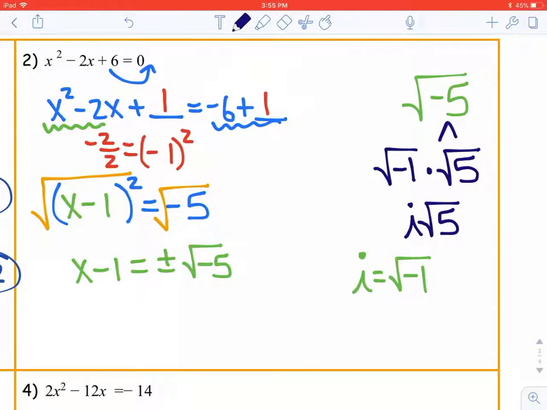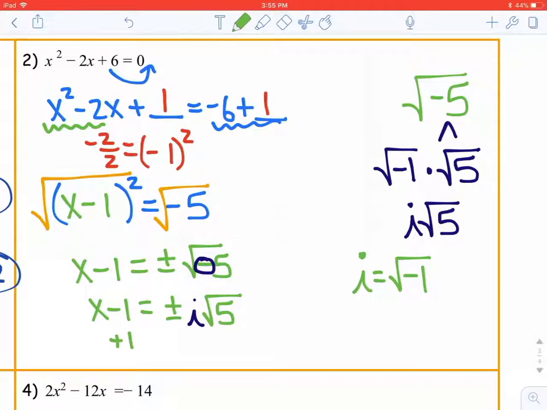So long story short, when you have a negative under the radical, you can put a little i in front and then write it as if it's a positive number underneath. And that's really the main thing you need to know about that little i. It's equal to the square root of negative 1, so it helps us to work with those complex solutions is what they're called. And then we just need to finish solving for x.